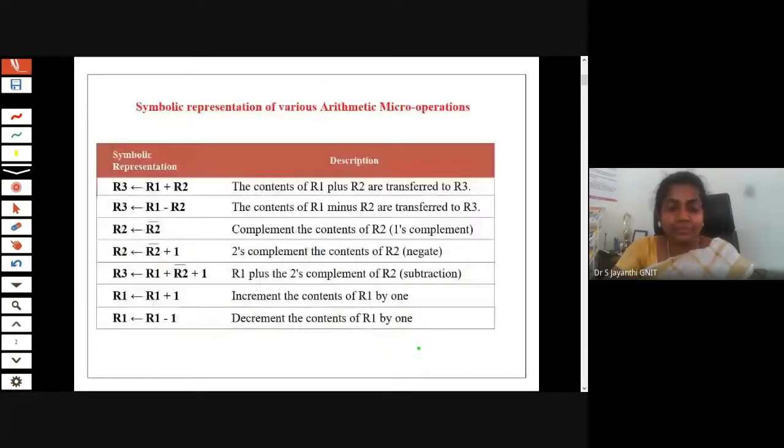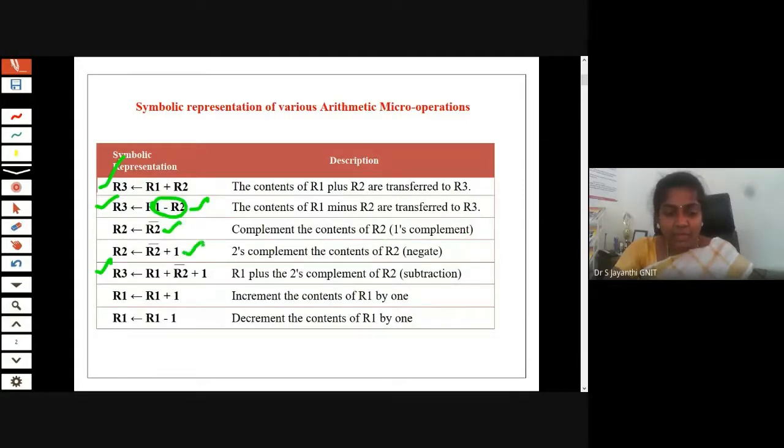Then we have discussed some other symbolic representations also. R1 plus R2 means addition operation is performed. R1 minus R2 means subtraction operation is performed. In general, the subtraction is achieved through this process: R1 plus R2 dash plus 1. Here R2 dash is the complement, or one's complement, both are the same.